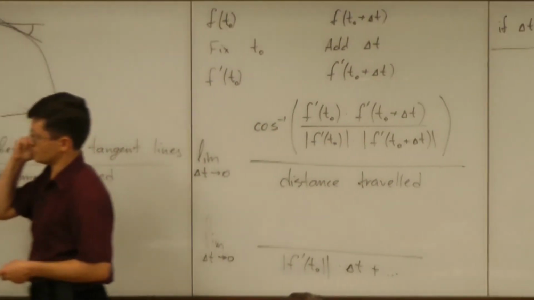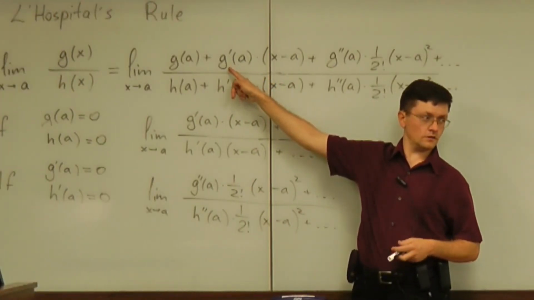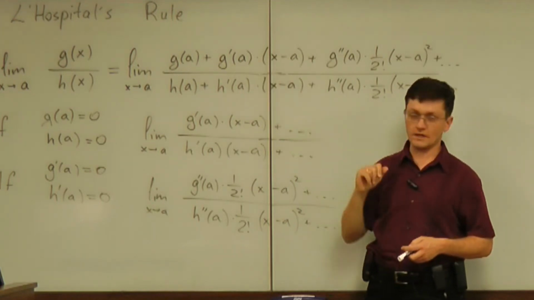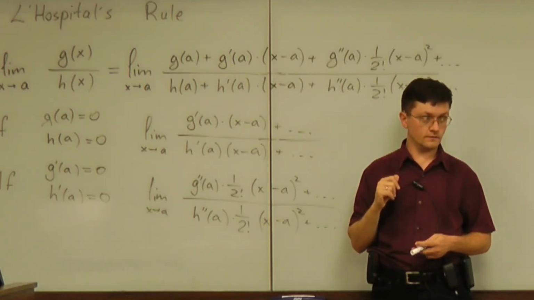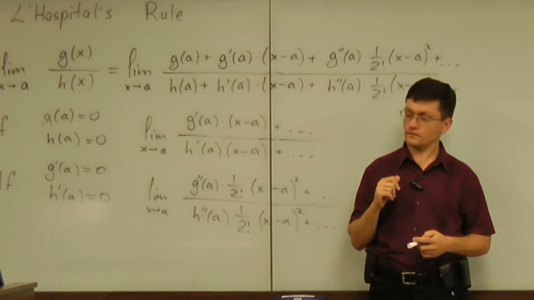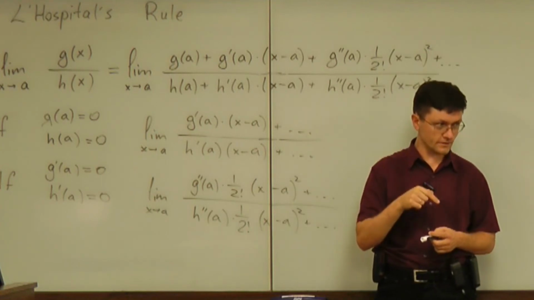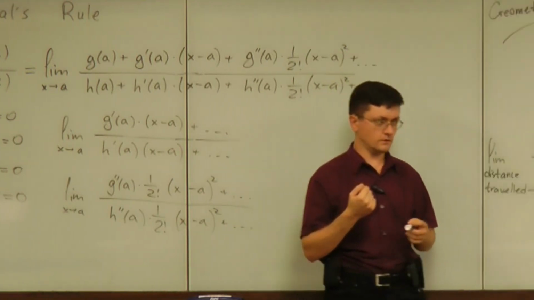Let's go back to the Taylor series. When I differentiate here, do I differentiate with respect to x or with respect to a? With respect to x. I differentiate with respect to x, but then I plug in a, right?